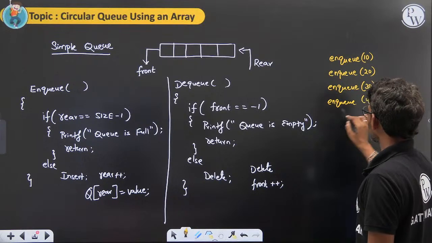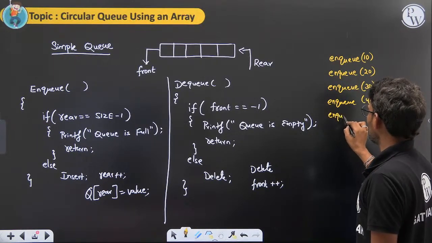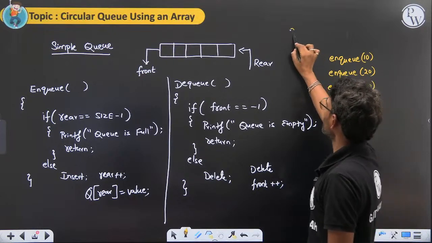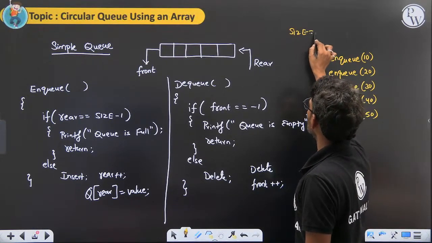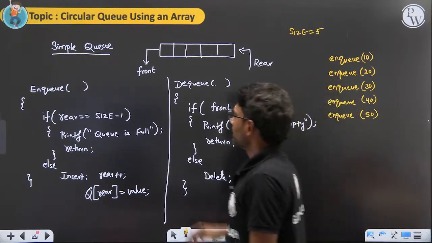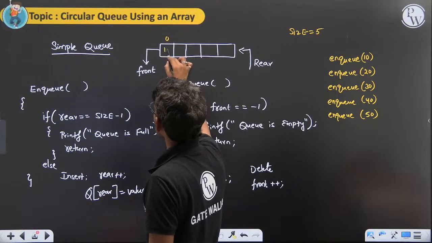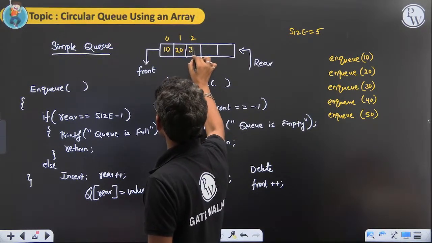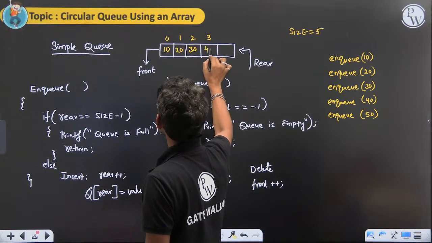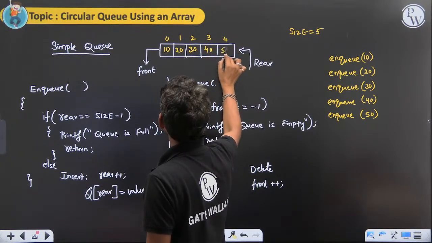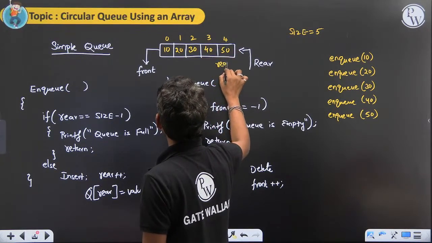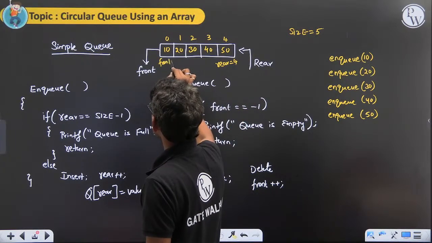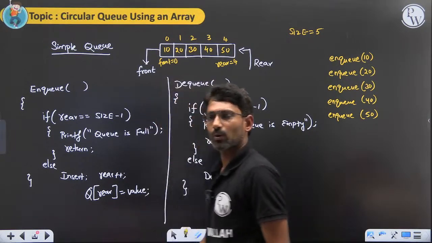So I have inserted 5 elements and I am taking the size as 5. At the 0th index 10 is inserted, at index 1 20, and so on. Rear is currently at 4, front is at 0.